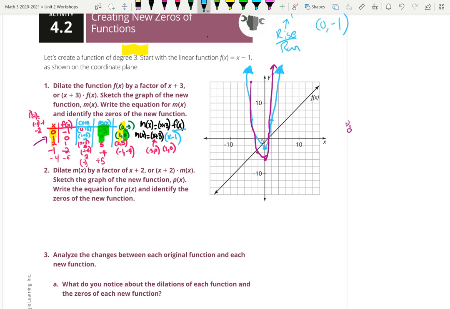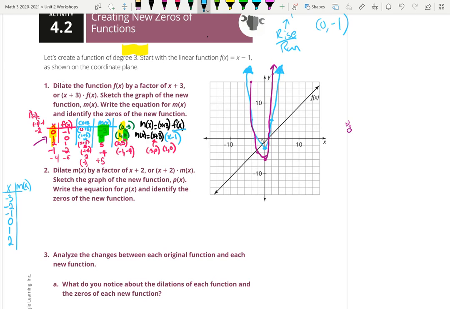Let's look at m of x. It's going to be the input and then the output of the quadratic. Some inputs I'm going to make sure I have are -3, -2, -1, 0, 1, 2. Okay, let's dive in.